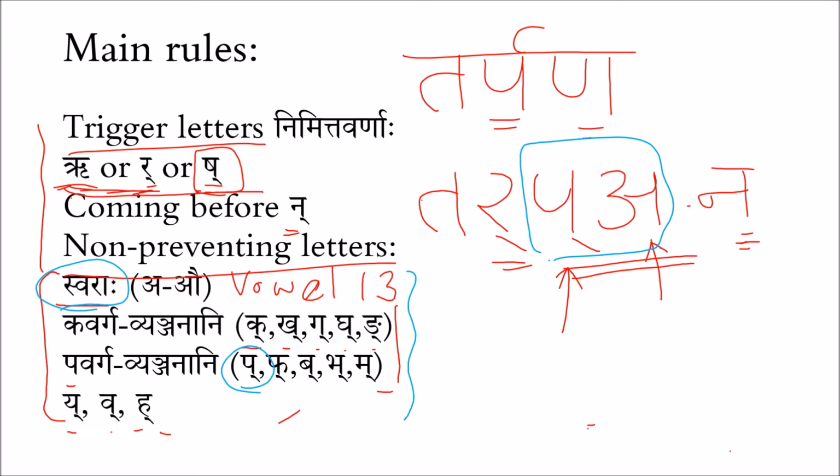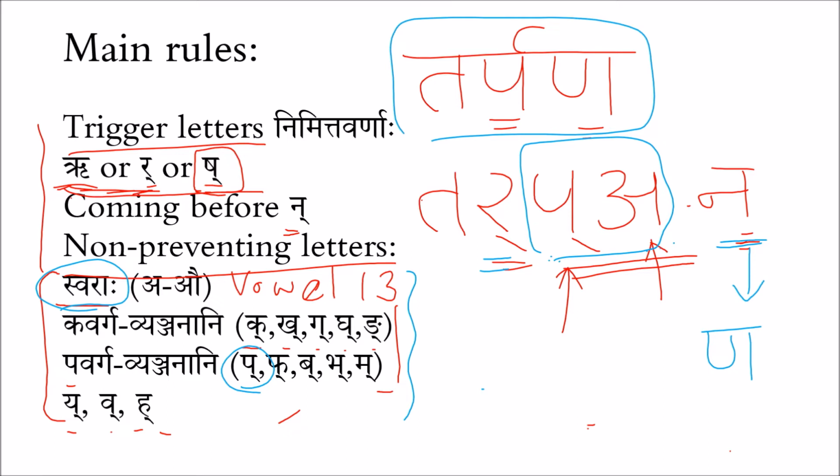So in this case also na changes to Ṇa, because both the letters in between the trigger letter and the na are non-preventing. So it will not remain as tarpana, but it will change to tarpaṇa.